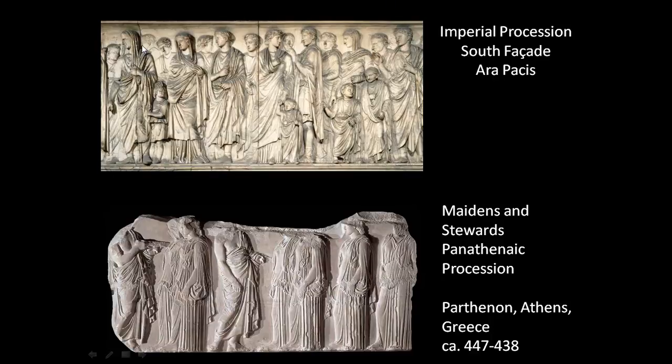Now these are actual people that attended the procession. Augustus himself is included in this, although he's not included in the detail of the image that we see here. Now what's noteworthy is not only are we seeing these high-ranking individuals, but we're also seeing the presence of their children.